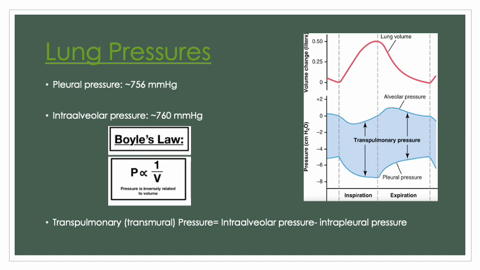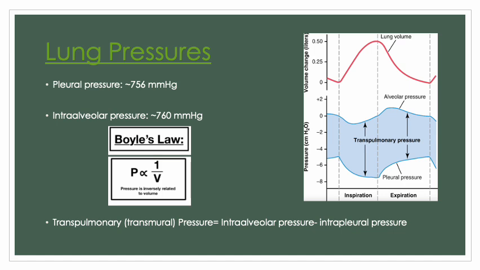As the diaphragm contracts during inspiration, intraalveolar pressure decreases or becomes more negative, causing air to flow from an area of high pressure, such as the atmosphere, to an area of low pressure, such as the alveoli, resulting in an increased intrapulmonary volume. This physiology works based on Boyle's law, which I've listed here for you, and it essentially states that as volume increases, the pressure in the lung will decrease.